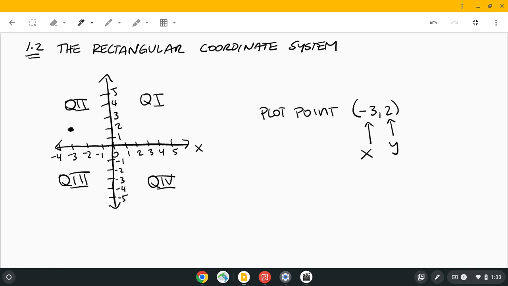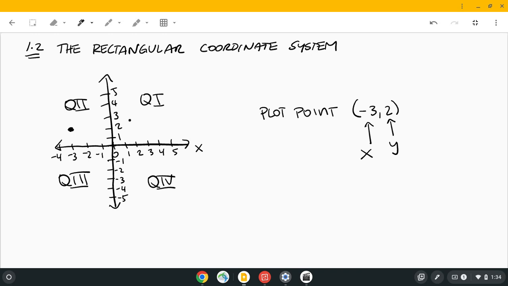Okay, when we start doing trigonometry on the coordinate plane, it's important again to understand where it's negative and positive. So like over here in this quadrant, all of the x values are positive. Over here in this quadrant, the x values are negative. And over here in this quadrant, the x values are positive, and over here in this quadrant, the x values are negative, okay?